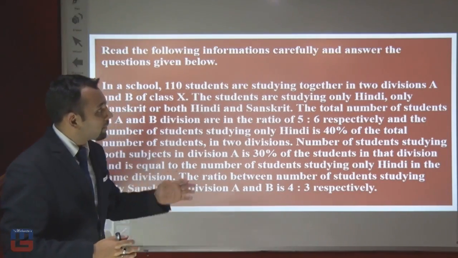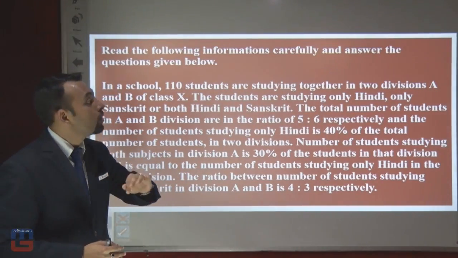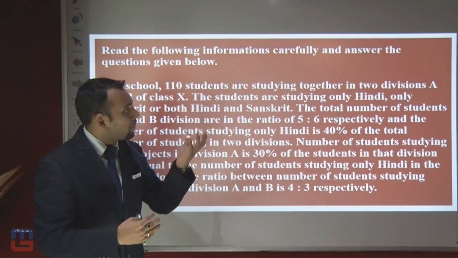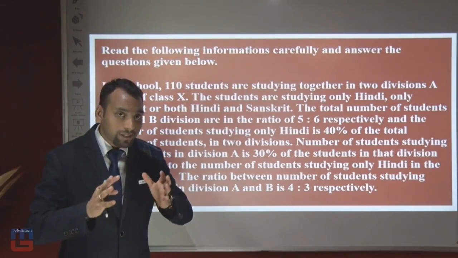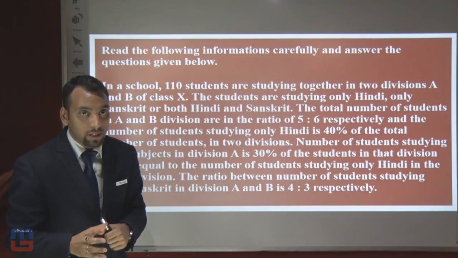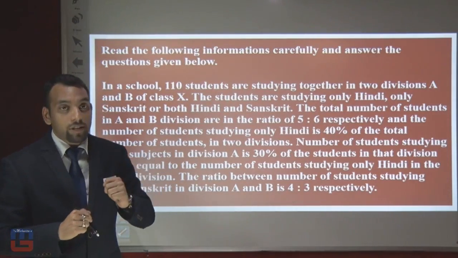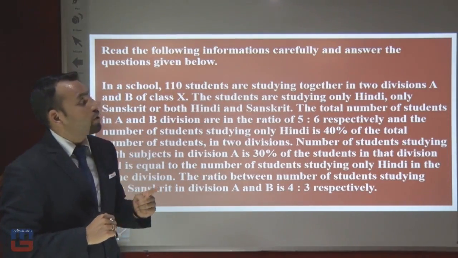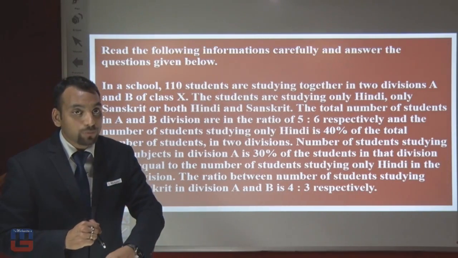Now see, in puzzle DI, basically we will do this type of question by the Venn diagram method. Firstly, what the question is saying: read the following information carefully and answer the questions given below.